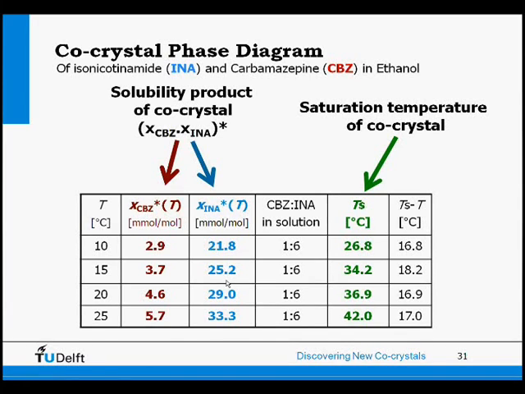So we can determine the solubility product of the co-crystal, so the mole fraction of carbamazepine times the mole fraction of isonicotinamide, and we know the saturation temperature that belongs to that solubility product. That is the green number that is in this row.